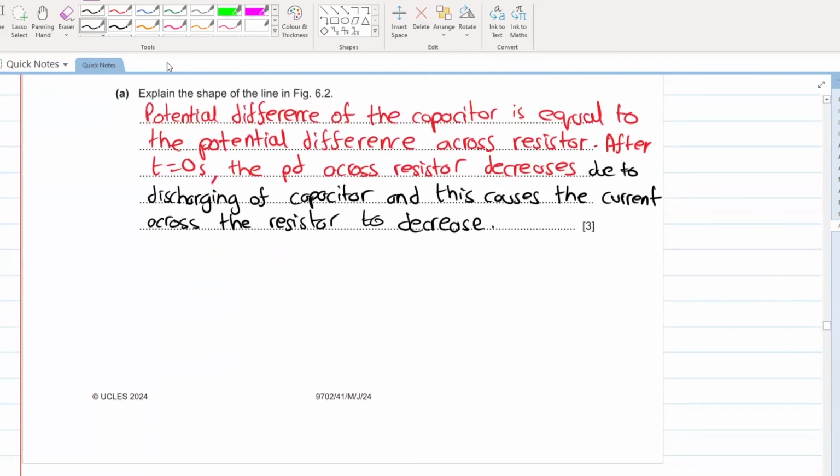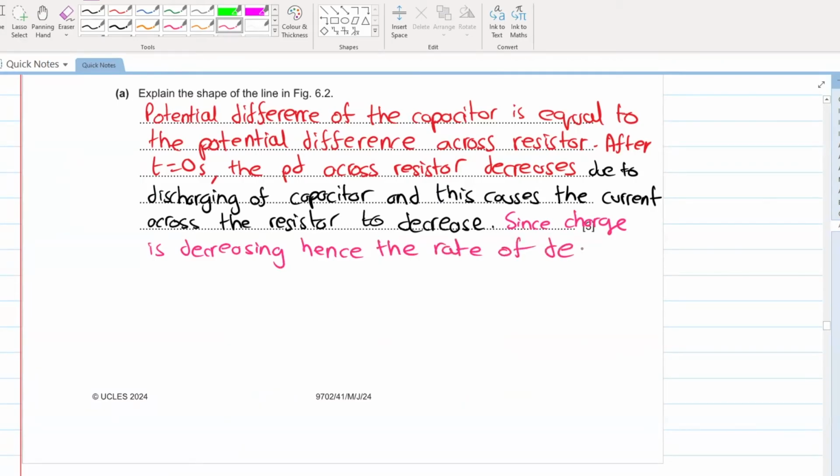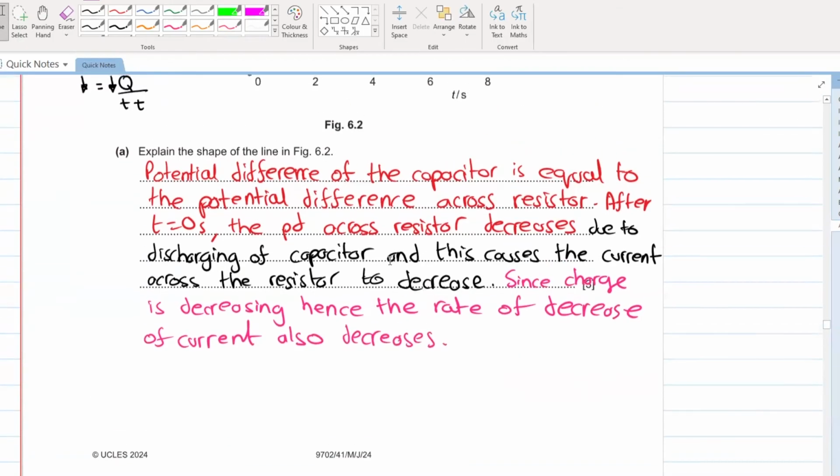You can write it here, the last point: since charge is decreasing, hence the rate of decrease of current also decreases. Very interesting way to answer this question.